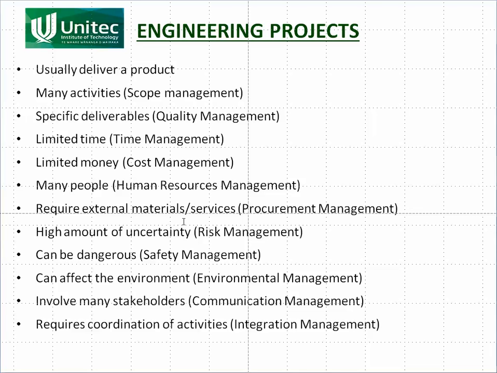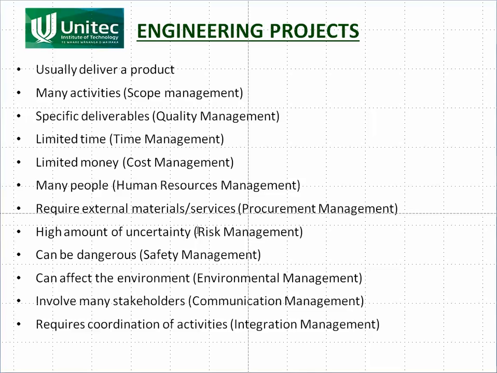You require external materials or services. For example, if you were building a road, you might need a specialist outfit to do the sealing of the road because you don't have the right machinery. So you need to procure them. So that's procurement management. There's a high level of uncertainty in an engineering project, so we've got to identify the risks, then we've got to manage them.